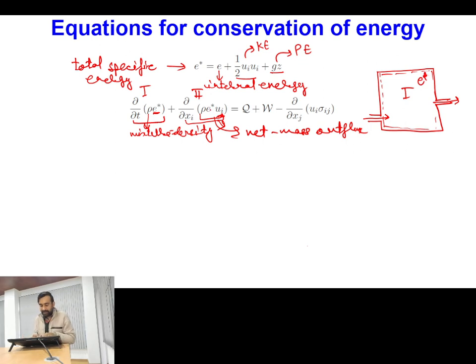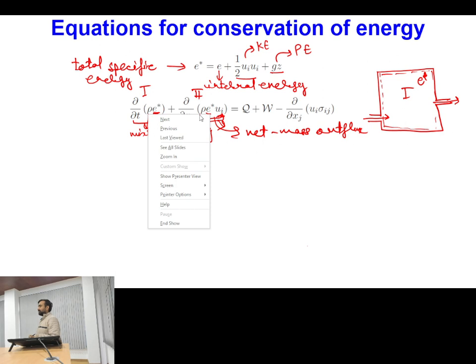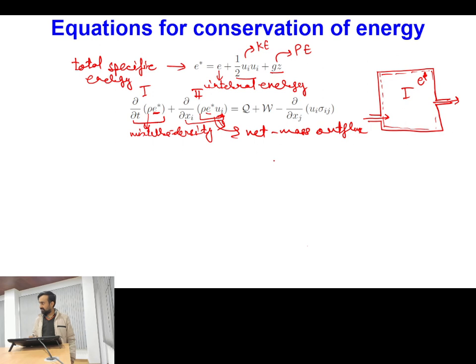That's why I am writing E star here. Is this clear? Because we are talking about net mass outflux. Rho ui is representing net mass outflux, and whatever goes out will be carrying the energy of the system, E star.